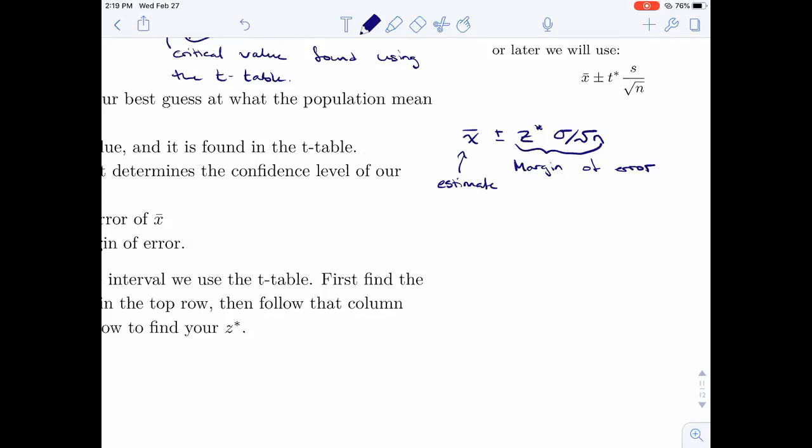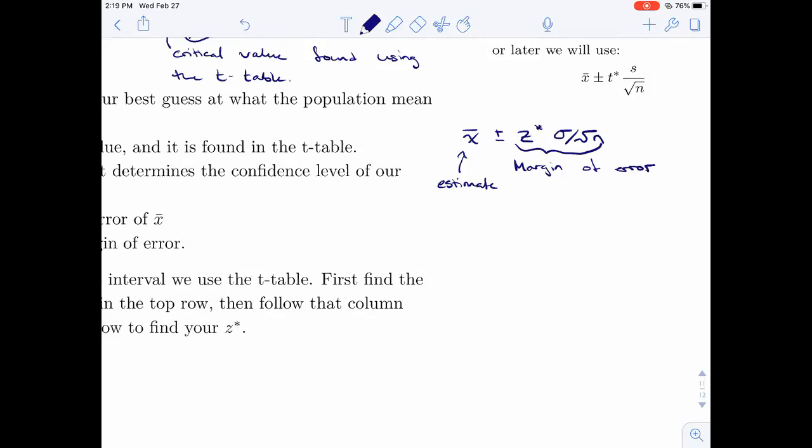What you'll see here, later on, I've already foreshadowed that we're actually going to be moving away from Z's and into T's, right? So what we saw before was that the only difference between a Z and a T is that instead of having the population standard deviation, we now have the sample standard deviation. So notice that the confidence interval for a T situation is basically the same.